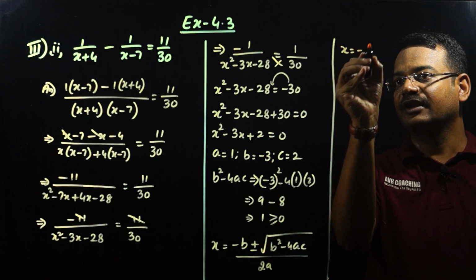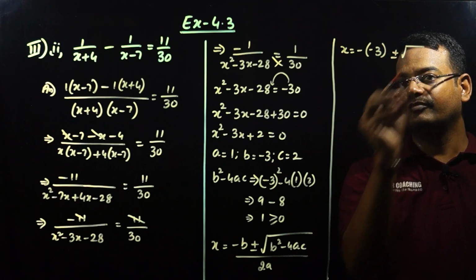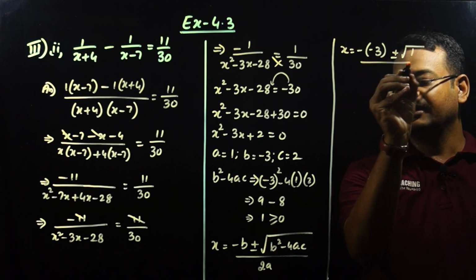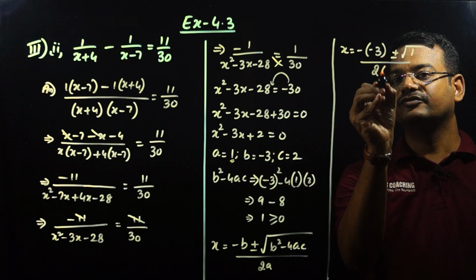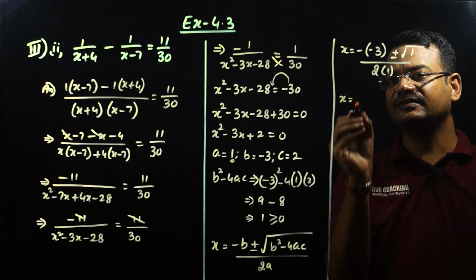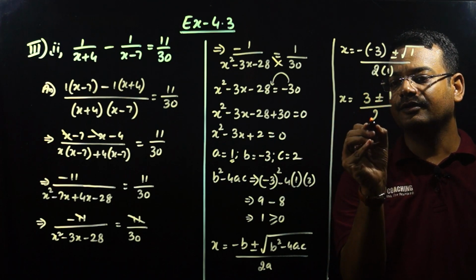So x equal to minus of minus 3 plus or minus root of b square minus 4ac value, we already got it as 1, by 2a, 2 into a value is 1. So this will be 2 into 1. x equal to minus into minus plus 3 plus or minus 1 by 2.